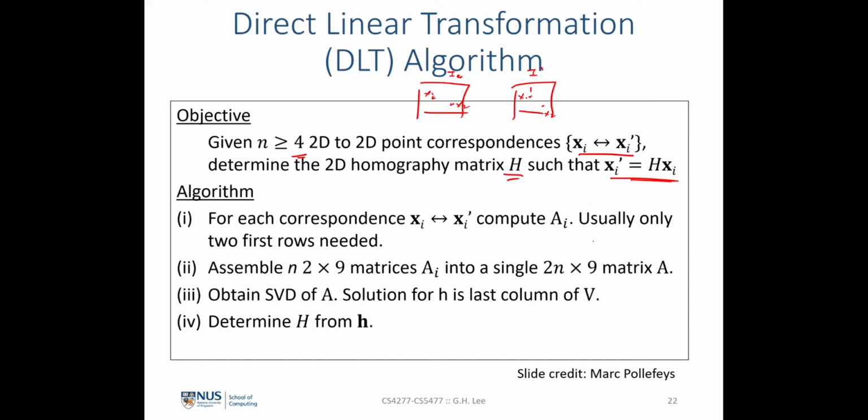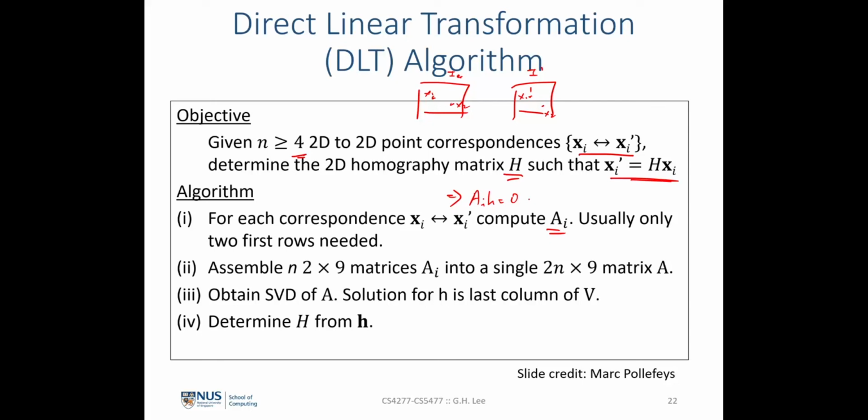And we have seen that the algorithm is very simple. For each point correspondence, we will compute Ai. This is given by the equation Ai h equals 0, which we derived using the cross product earlier. We'll take the first two rows from this because we have seen that only two rows in the cross product matrix are linearly independent.